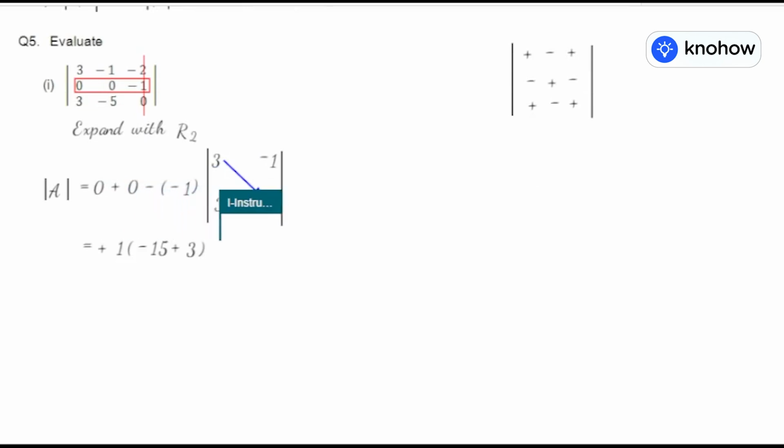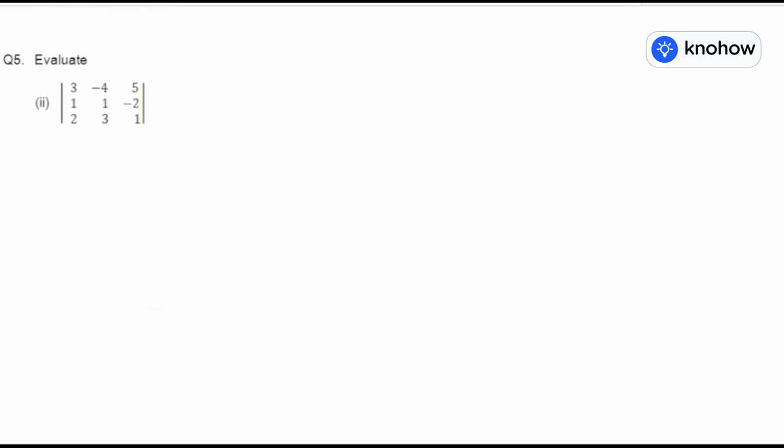Now the second part, question 5, second part, evaluate. It doesn't involve any element as 0, so we can evaluate it by expanding with respect to any one row or column. And as I told you, normally we do it with respect to R1. So expand with R1.